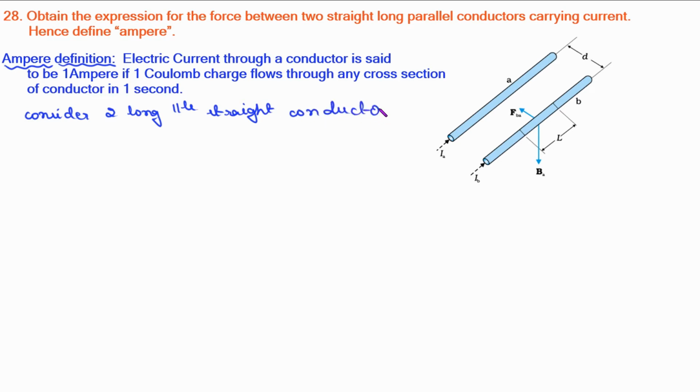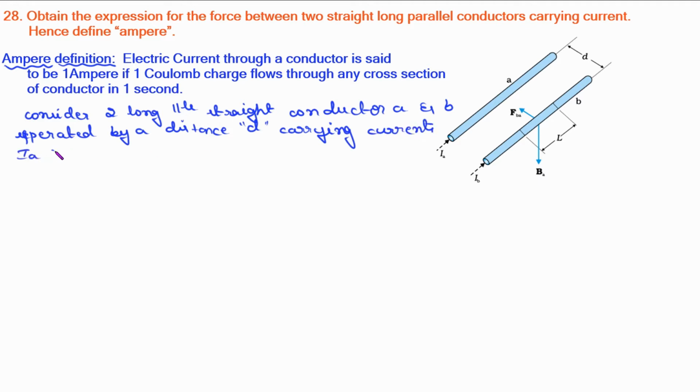Their names are A and B, separated by a distance D, carrying currents IA and IB respectively. So first let us write the force.